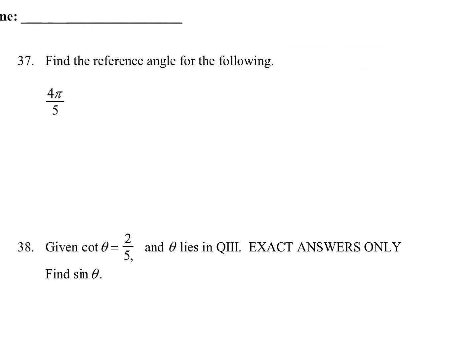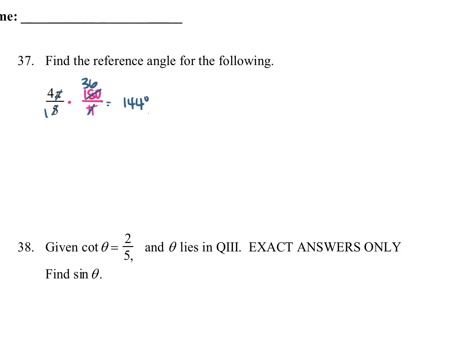Next is number 75, where we're finding the reference angle of 4 pi over 5. Remember, this has to be a positive acute angle, so I'm going to first turn it into degrees, multiplying it by 180 over pi. Your pi's cancel. 5 goes into 180 36 times. 36 times 4 gives us 144 degrees.